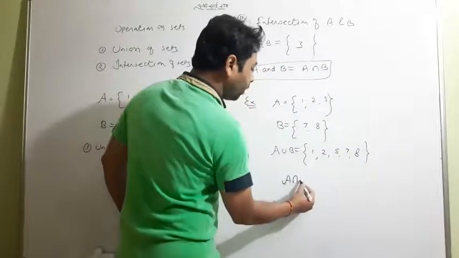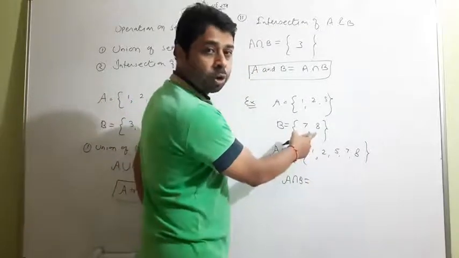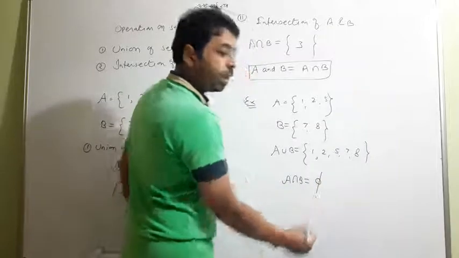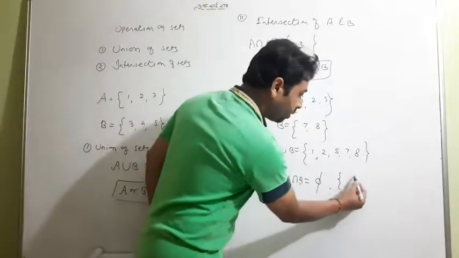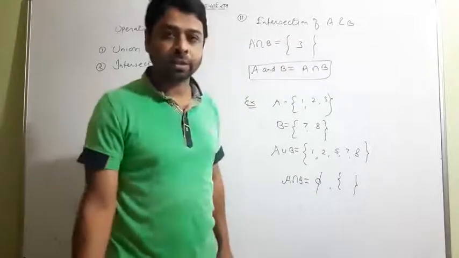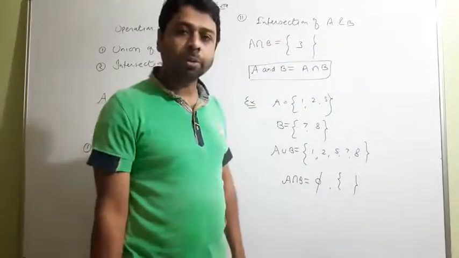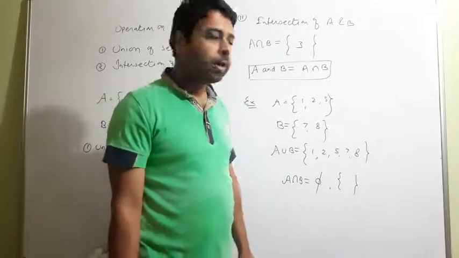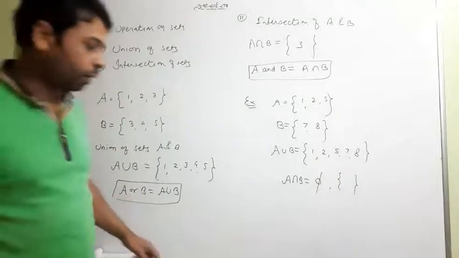But unfortunately, for A intersection B no elements are common. So it will be the null set, and you can also represent it as the null set. No element in this. So this is very simple. I think you have now understood intersection and union.